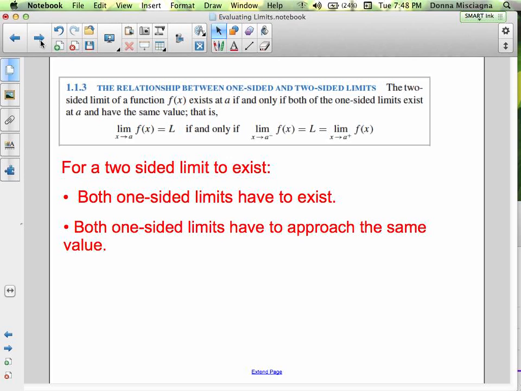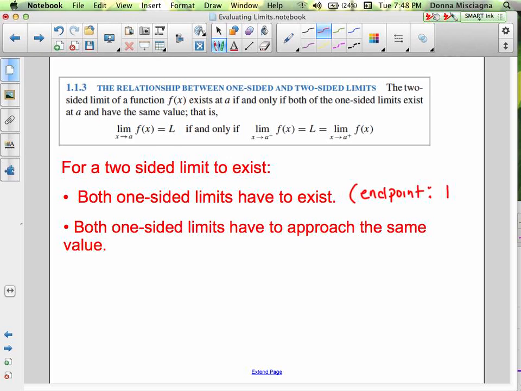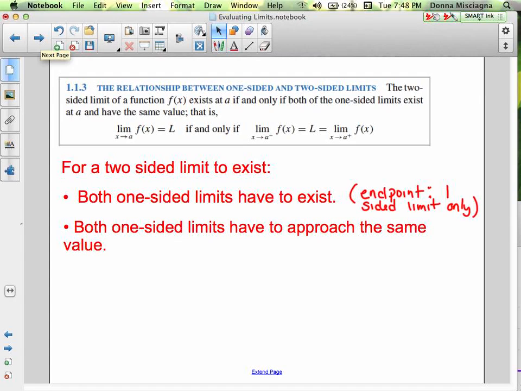Right? So if we're at an endpoint of some function, that's going to be a one-sided limit only. Right? So if we're at an endpoint, we can't have a two-sided limit.